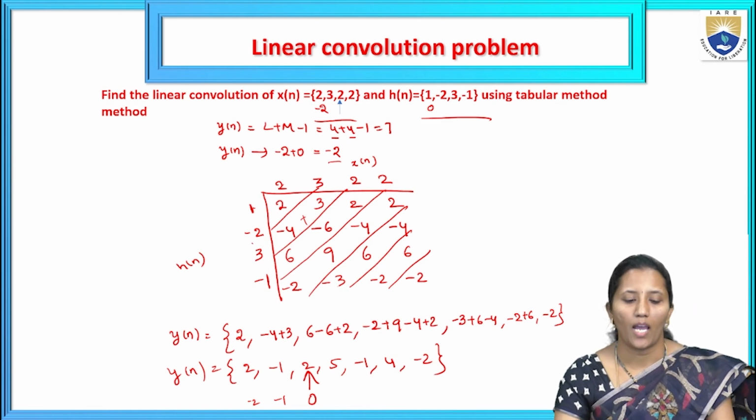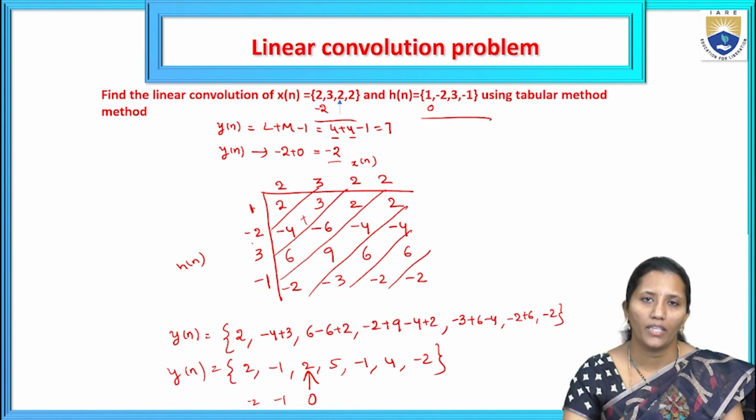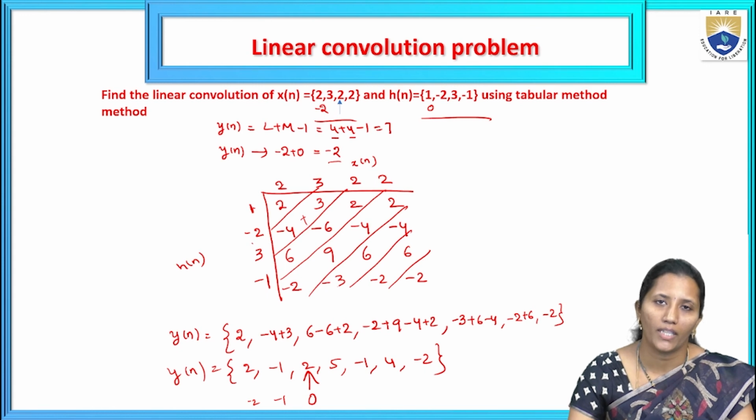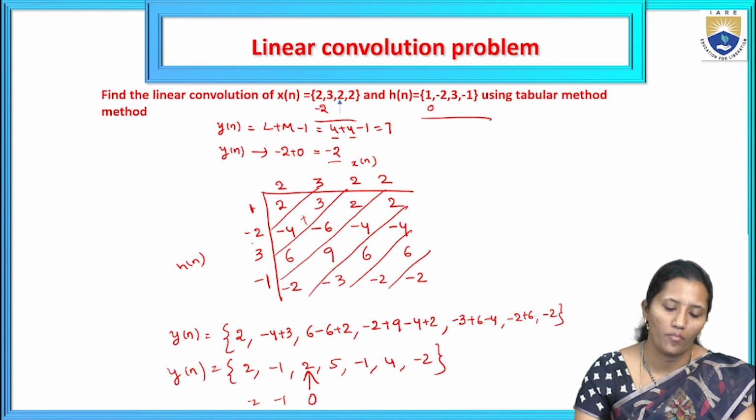This is the tabular method for linear convolution. We can take any sequence, x of n in the row or h of n in the row, write the other sequence in the column, multiply the corresponding sample values, draw the diagonal lines and add the values of each diagonal.